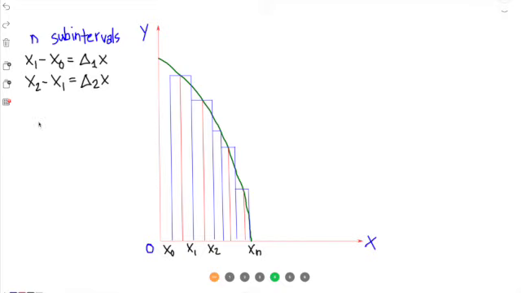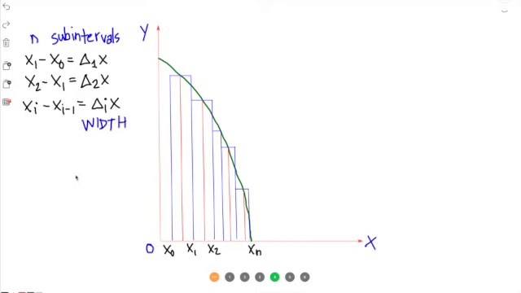subinterval, or we can write it down as x sub i minus x sub i minus 1 would be equal to delta i x. So our width here would be delta i x.